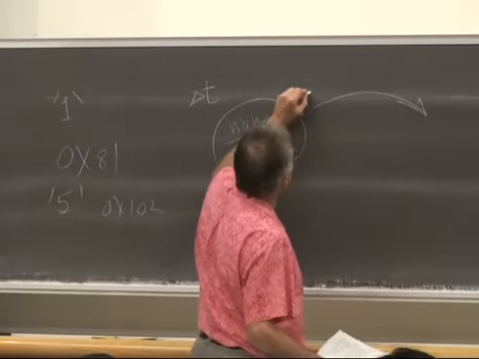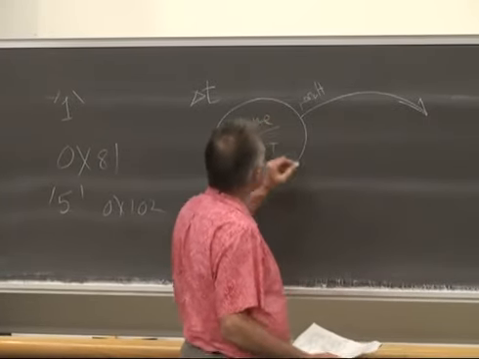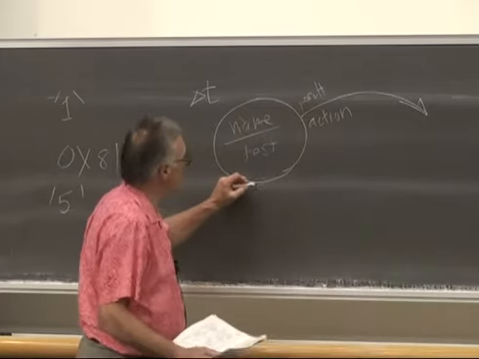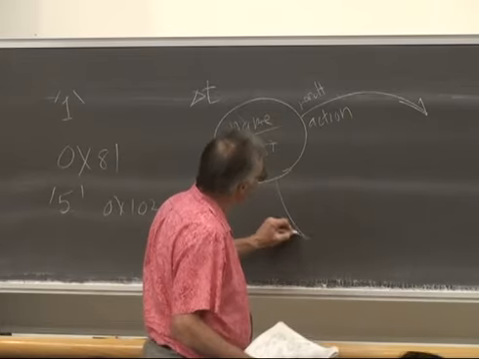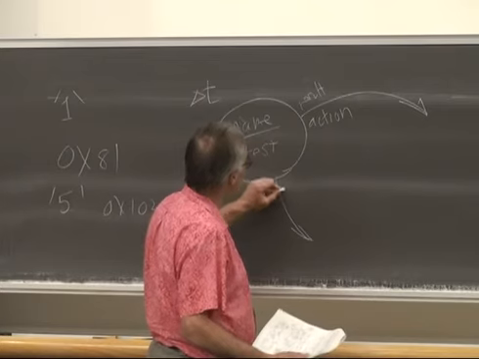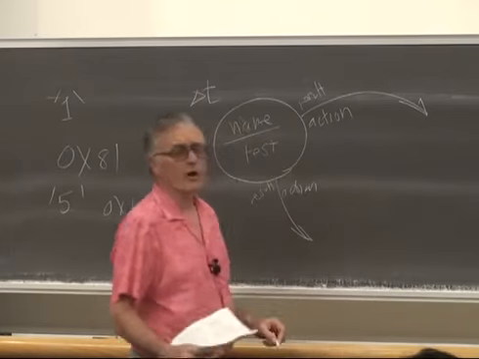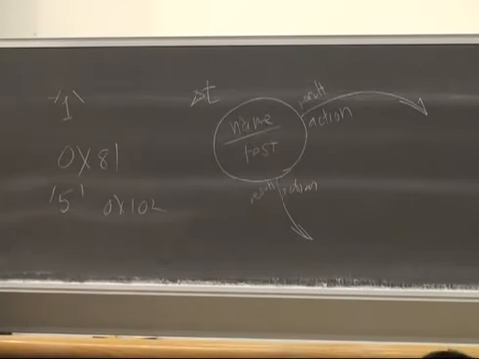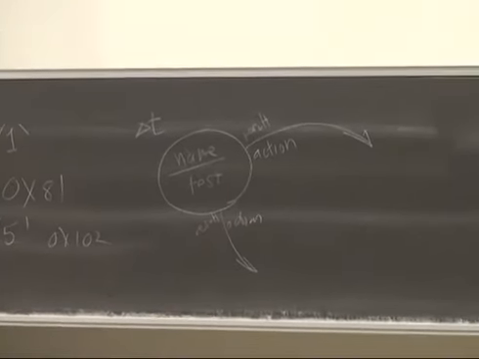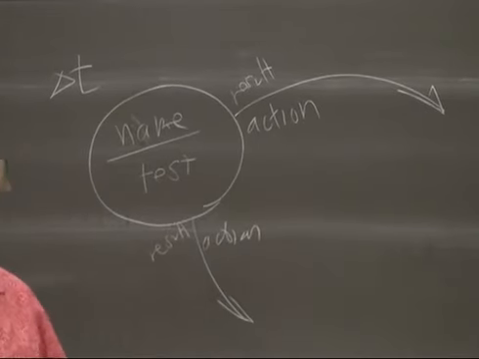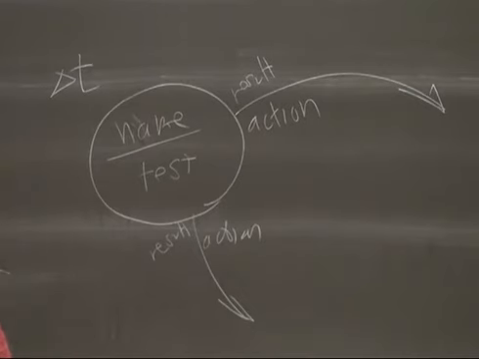So this is the result of the test, and this is the action that has to occur as a result of the test. And then there's another possible exit, which is another result and another action. And mostly what I'll draw are binary test state machines. So there'll be one of two actions and one of two paths that are taken. And the state transition is going to happen on the delta t, and every action is going to happen on a transition.